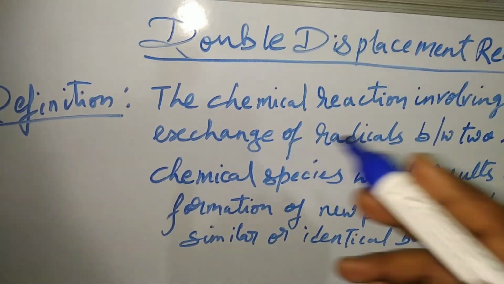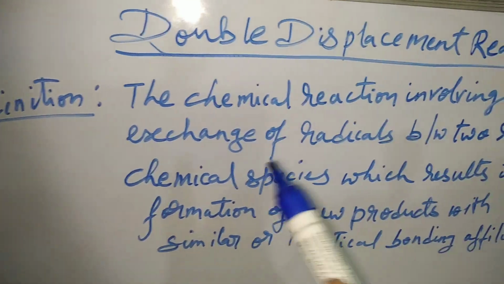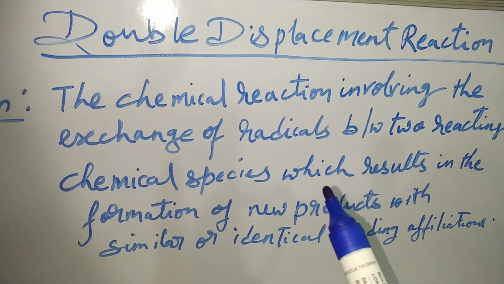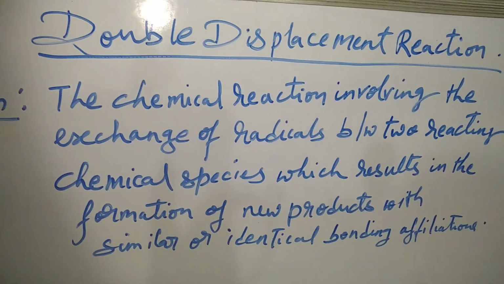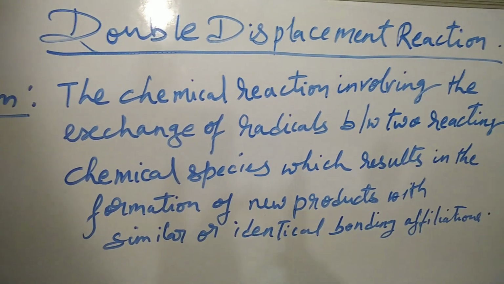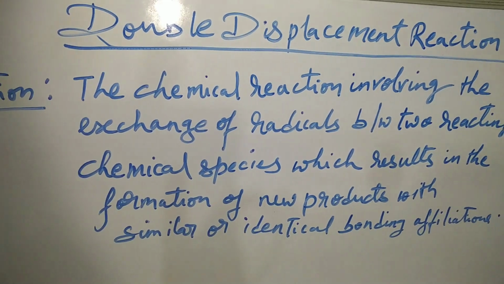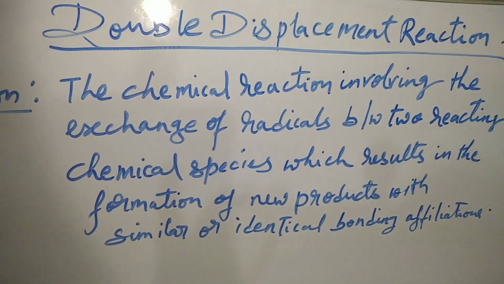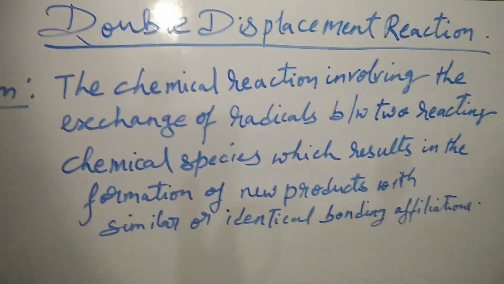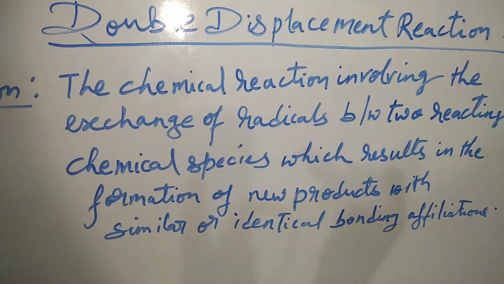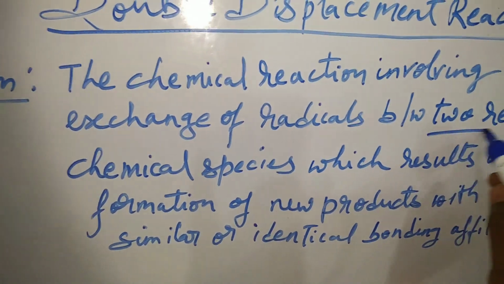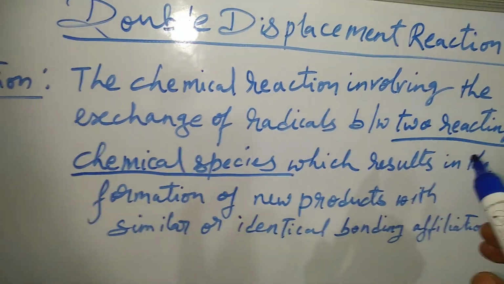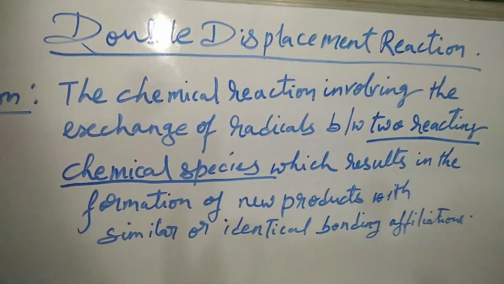See here, it states that it is a chemical reaction involving the exchange of radicals between two reacting chemical species, which results in the formation of new products with similar or identical bonding affiliations. Before starting, let me clear a doubt: why is it named double displacement reaction?